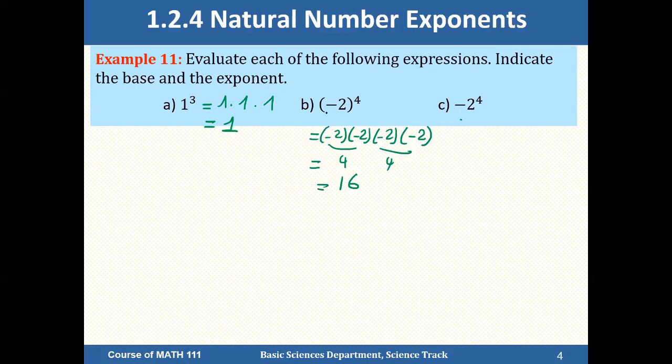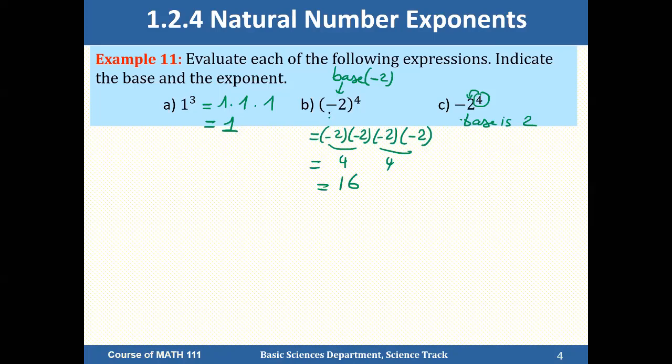Is there any difference between B and C? في الأقواس يا دكتور. الأقواس. لأن السؤال this parenthesis الأقواس parenthesis, هل هي فقط ديكور؟ Is it a decoration? لا عشان نحط الأصفر ضمن الأربعة يا دكتور. إذن be careful. هنا the negative, there is no parenthesis, so the power على 2 only. البيز is 2 هنا. لكن هنا كم البيز؟ هنا البيز هي minus 2, negative 2.